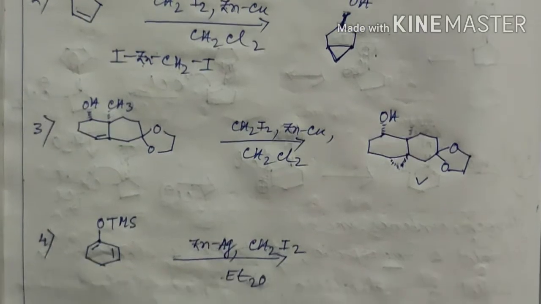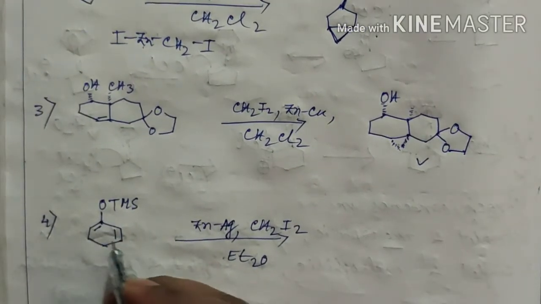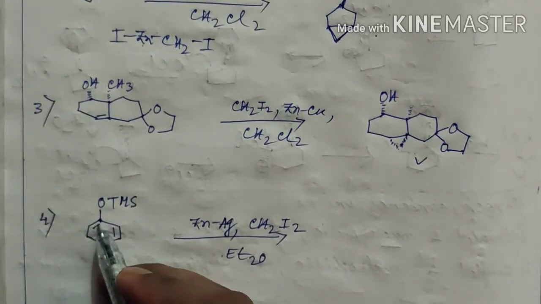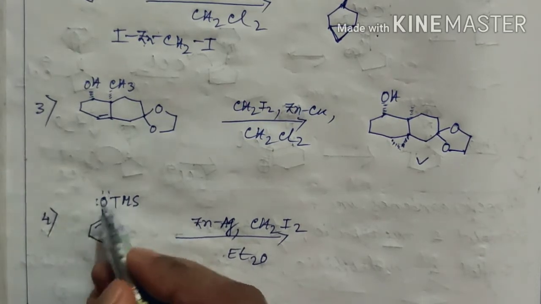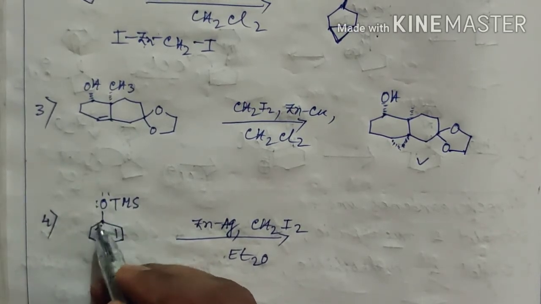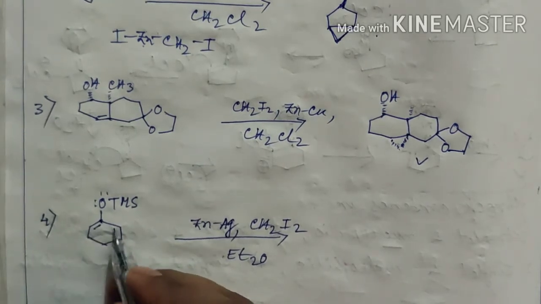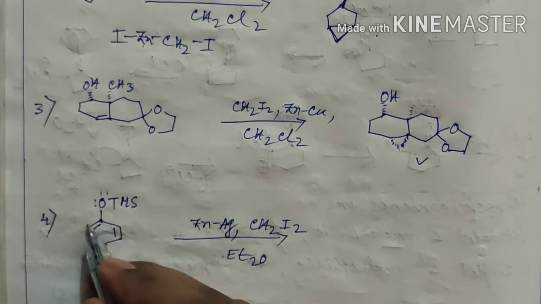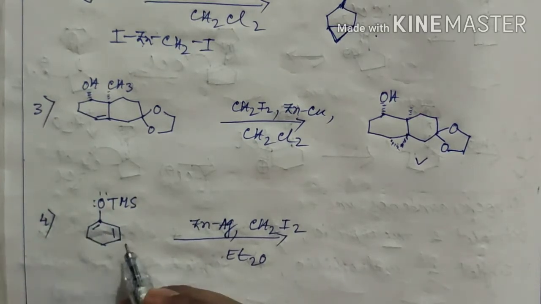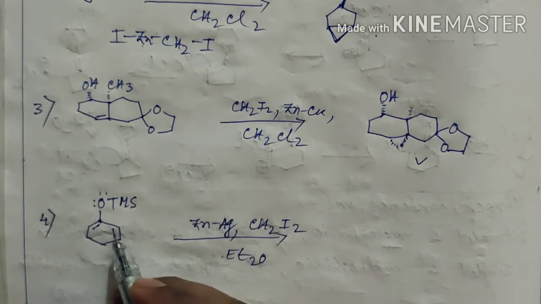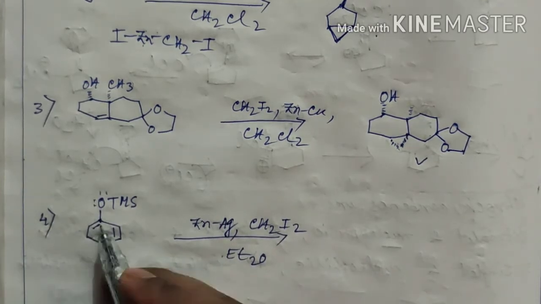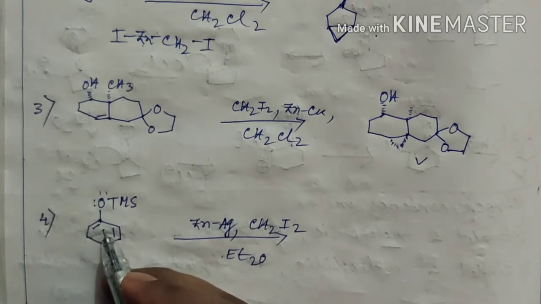And now if there are two different types of double bond, that is one is electron rich, since the lone pair of oxygen can enter into resonance with this double bond, so this double bond is electron rich, and this double bond is less electron rich in comparison to it. So if there are two differently electron-rich double bonds, the double bond which is more electron rich will form the cyclopropane ring.